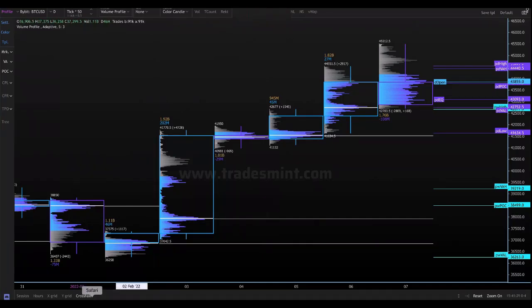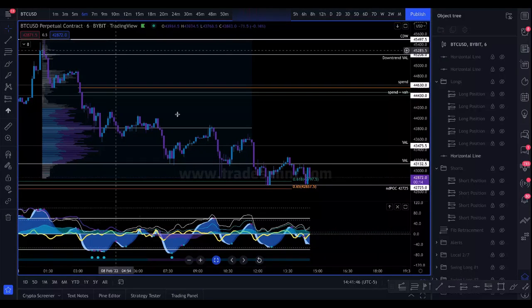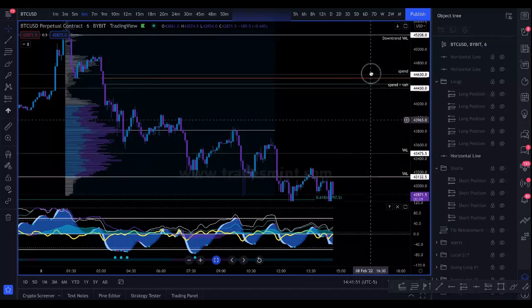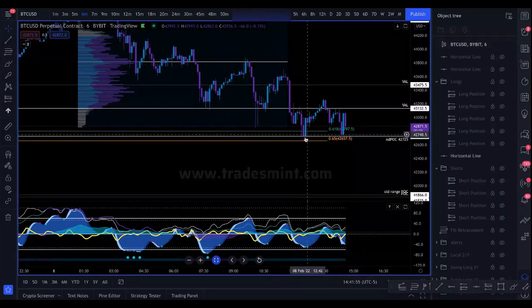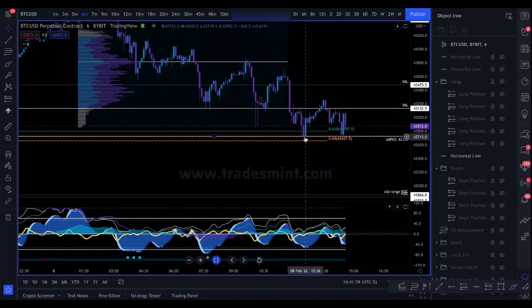Another benefit to using a platform like Exocharts is that you have more confluence with your existing technical analysis. Okay, one of the main things that Exocharts can provide is additional levels for trading, and this can give you added confluence when you're looking for those juicy levels. So if, for example, let's say that you happen to have a golden pocket, which I did happen to have right down here, where I did take a little long from this golden pocket, we can see that we also had a naked daily point of control in that golden pocket.